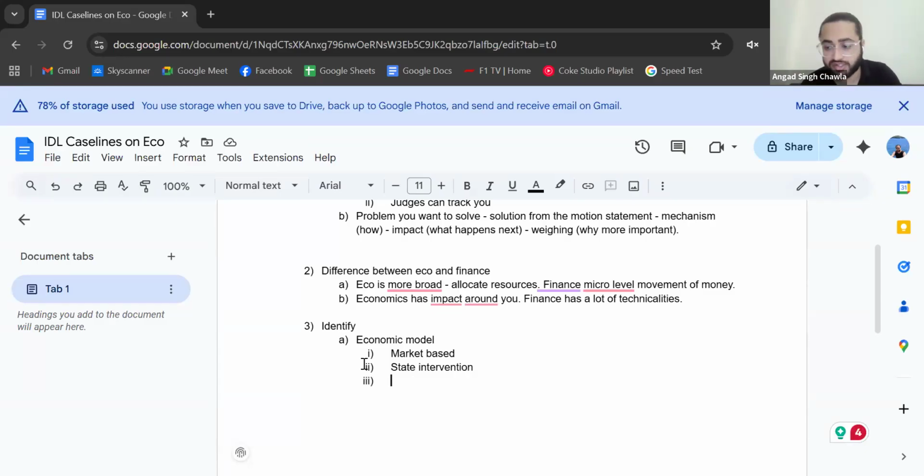The third is just redistribution. And the last is growth. So this is the kind of economic model you first have to identify, or what the debate is asking you to do.